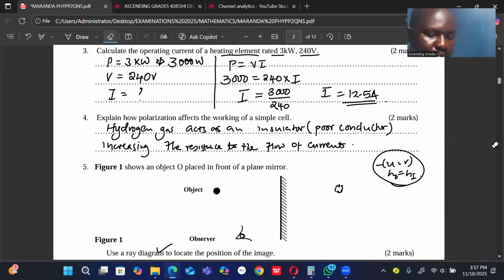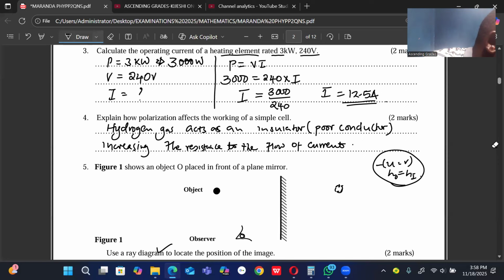Then from there, we shall look at the reflected rays, from the image to the eye. So, here's what I'm going to do. I'll draw just two rays from the image like this.